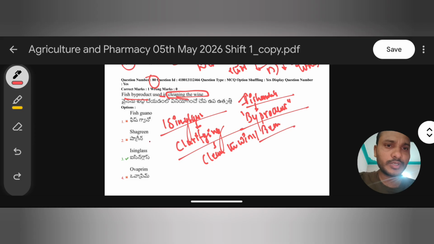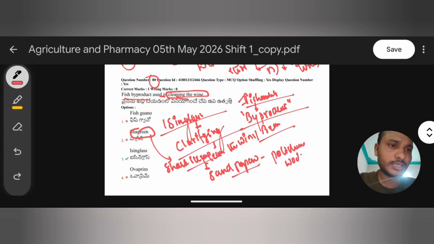One more important fish byproduct is shagreen, obtained from shark fish skin, which is used as sand for polishing wood and ivory.